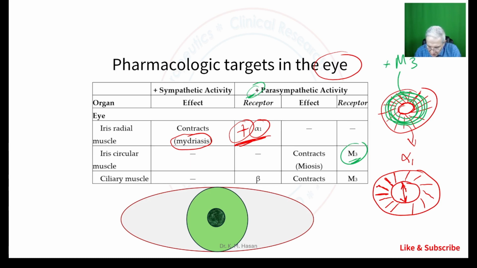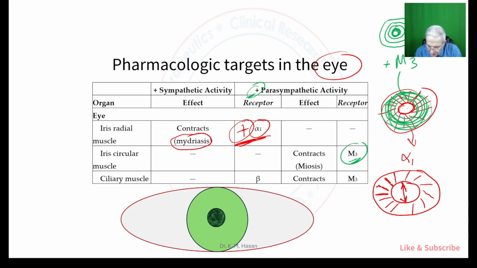So what happened there? When you activate M3 receptor on these circular muscles, the circular muscle becomes tiny and small. So you can look at the eye here, the iris becomes smaller.